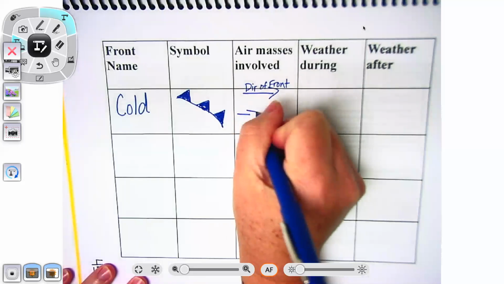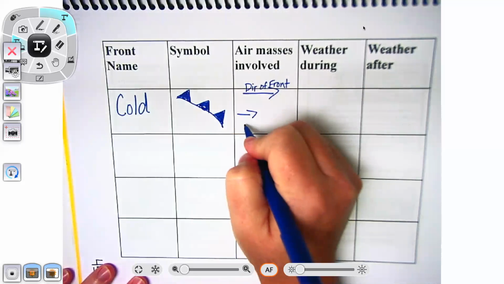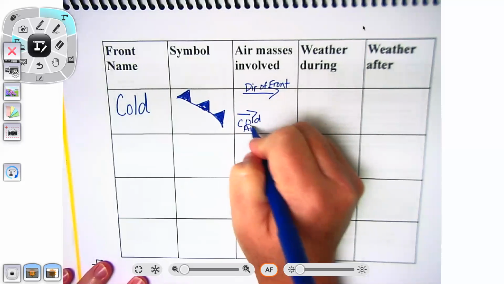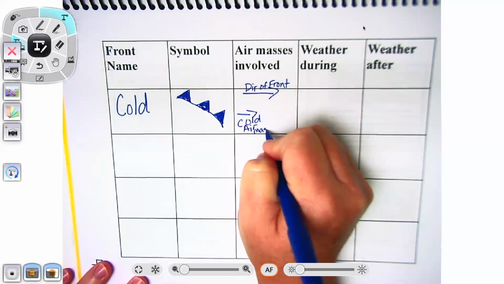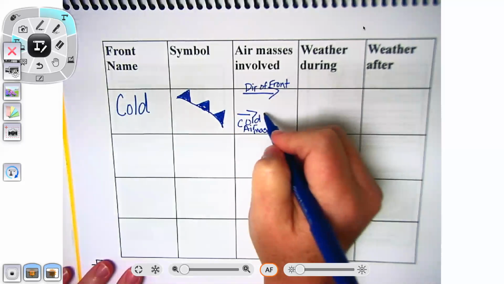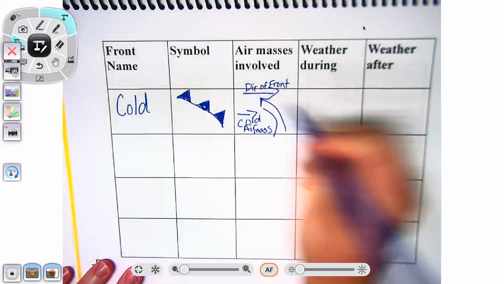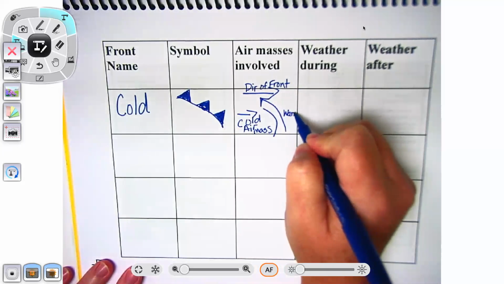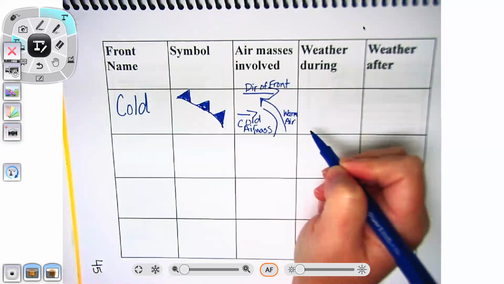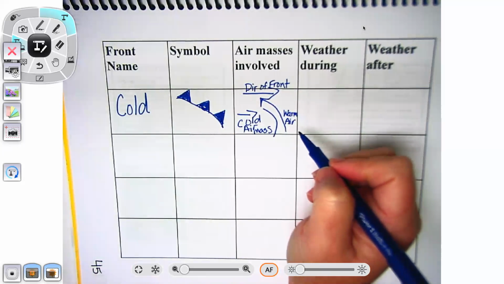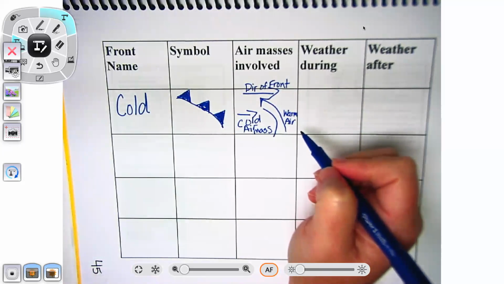We have a cold air mass coming forward, and the warm air is going to go up and over, and the cold air is going to basically plow through and make the air colder.